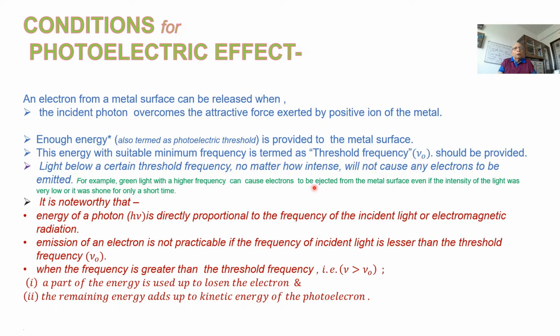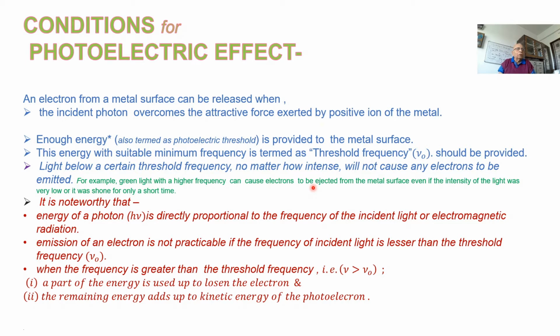And if the light is less than this frequency, nothing will happen. You won't get any electron to be emitted, whatever may be the brightness. Brightness doesn't affect the emission of electrons.